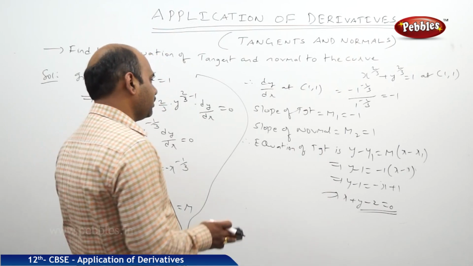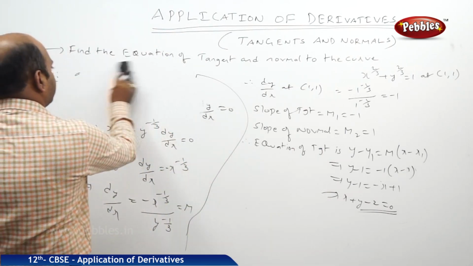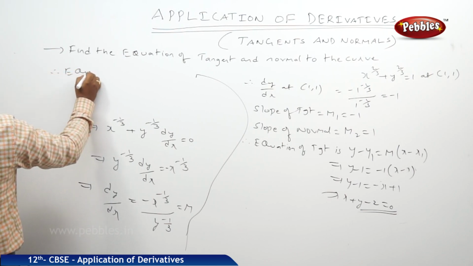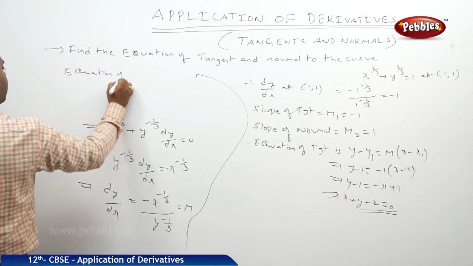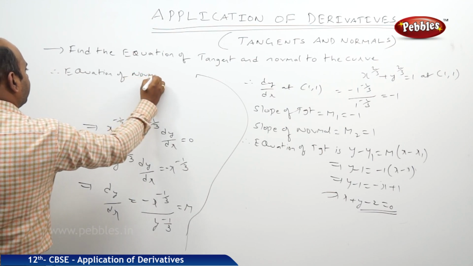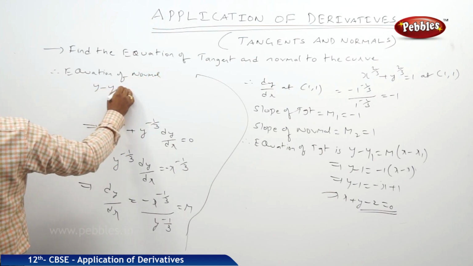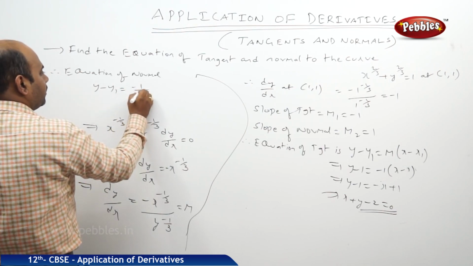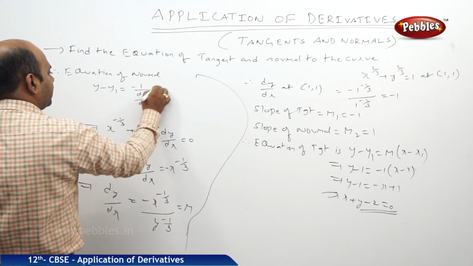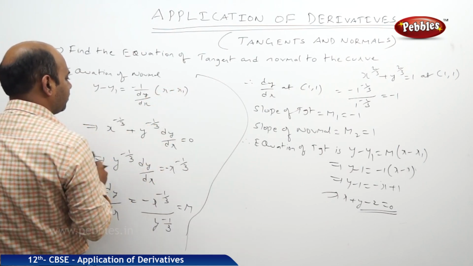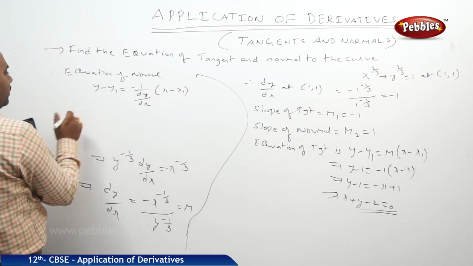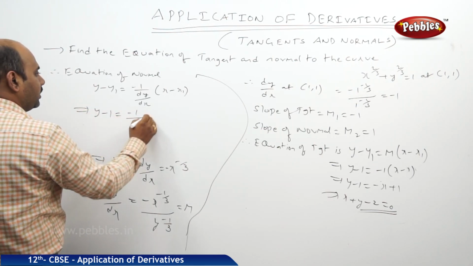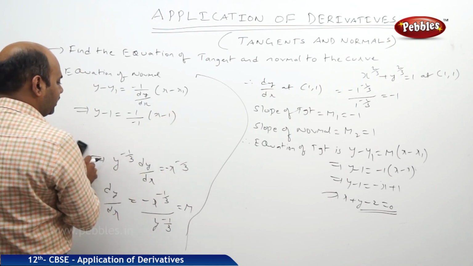Now I need to find equation of normal. How can I find equation of normal? Here I need to apply the same formula. Therefore equation of normal means y minus y1 is equal to minus 1 by dy by dx into x minus x1. So y minus 1 is equal to minus 1 by minus 1 into x minus 1.